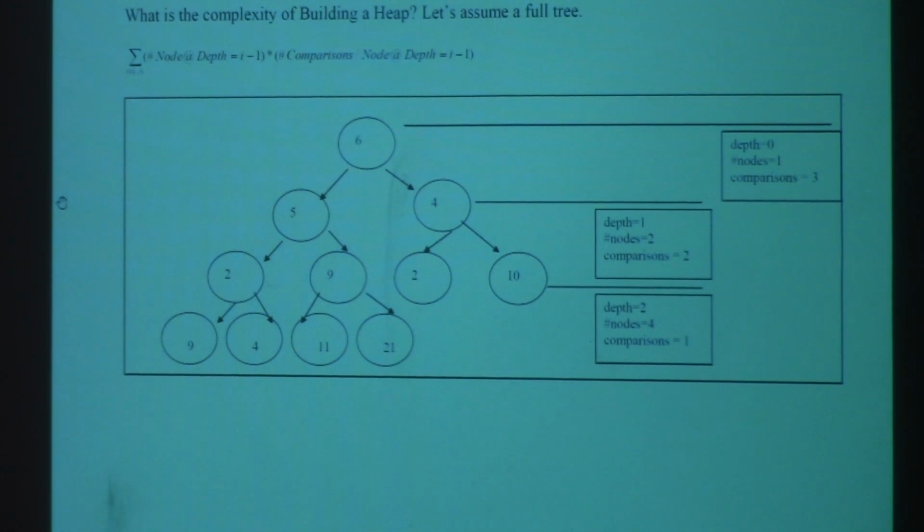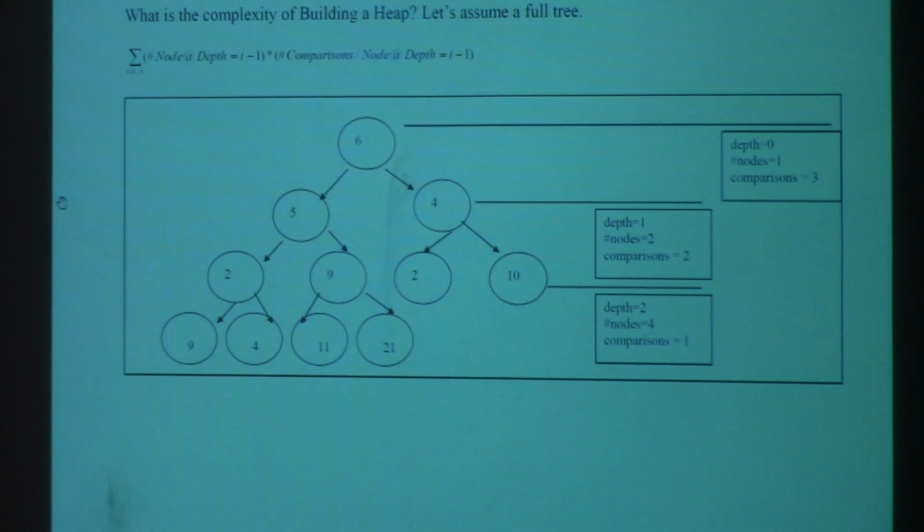So let's look at the shape of this tree. The 6 at the top has a depth of 0. The number of nodes is 1 because it's a root, and the number of comparisons at that level is 3.